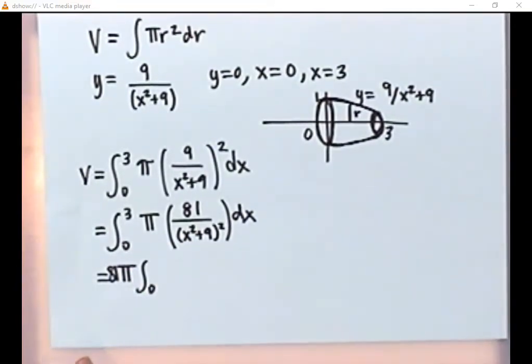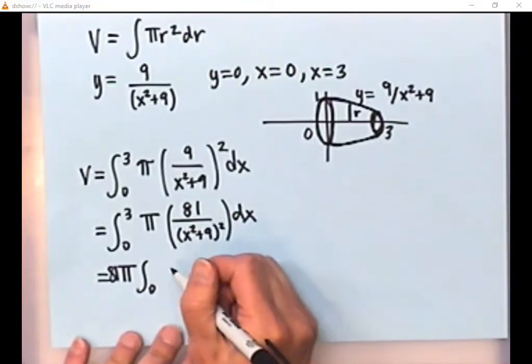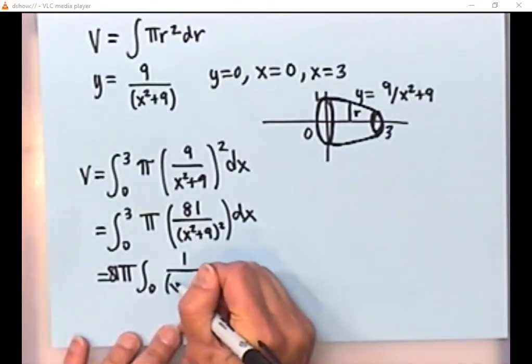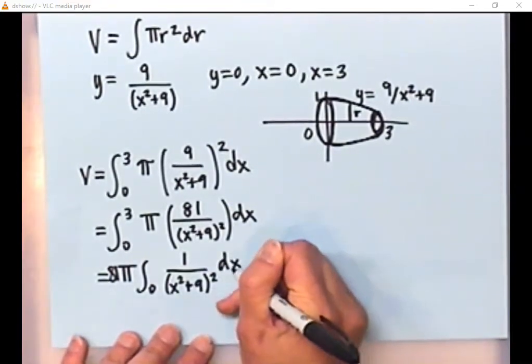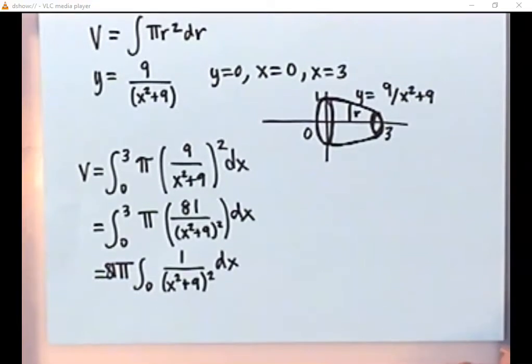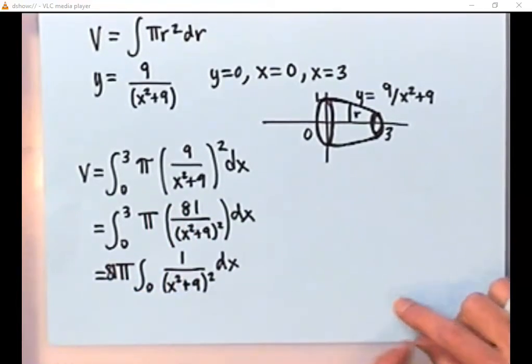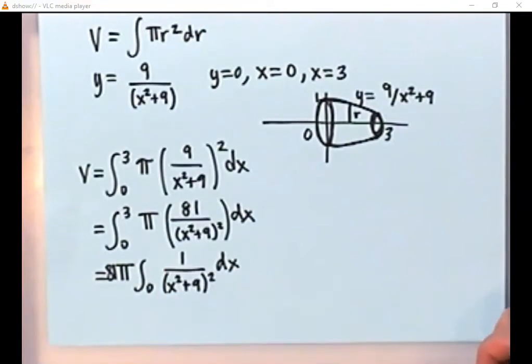And then you'll have 1 over x squared plus 9 squared dx, right? It has to be pi times the radius squared. 81 pi. Don't forget the pi part. And then you have 1 over x squared plus 9 squared.